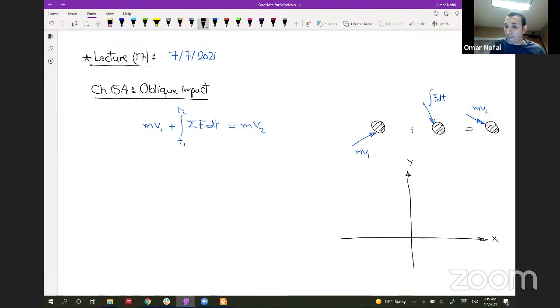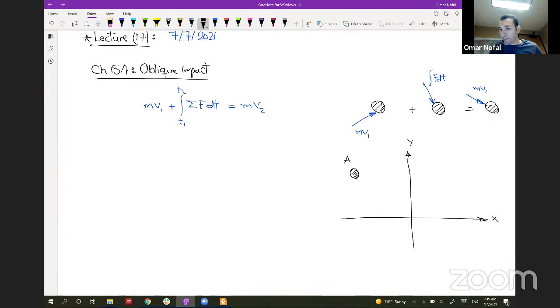You have marble A here, and you have marble B here. They are moving this way towards each other, and they come together to collide at this location.